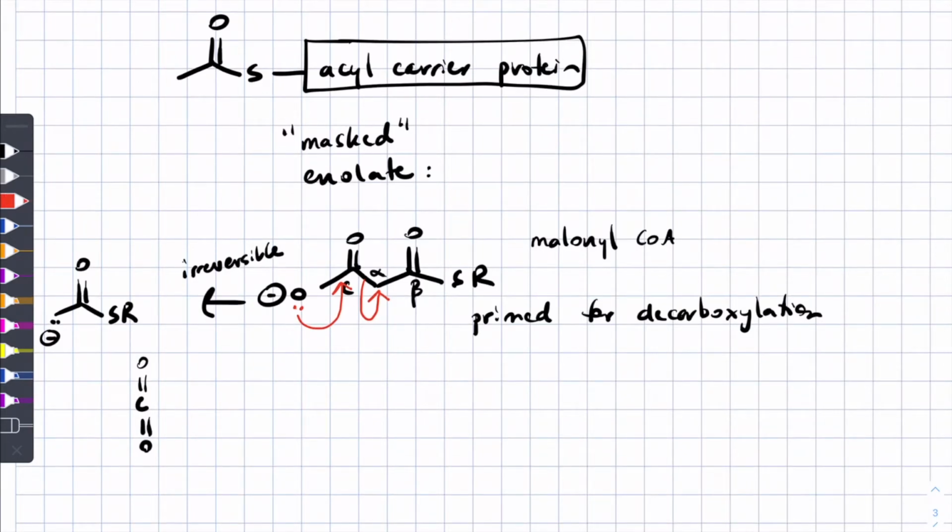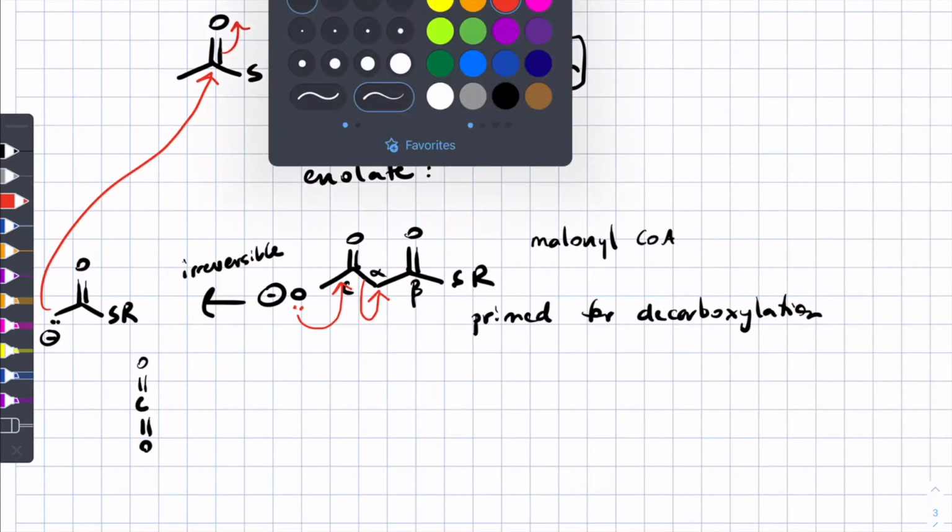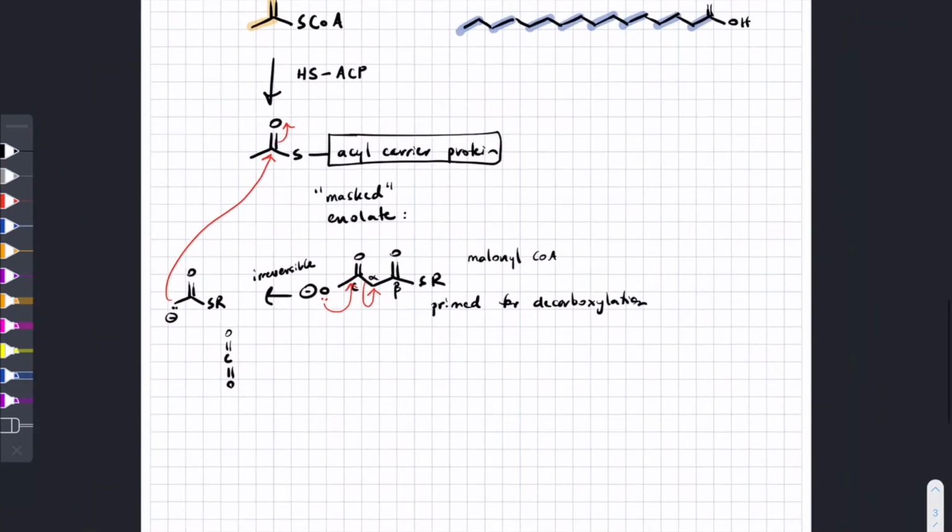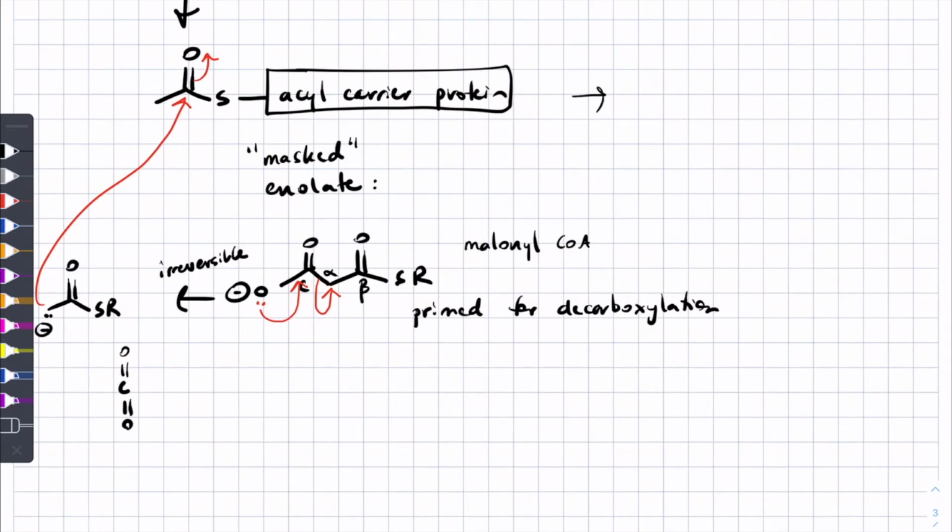So then the enolate that we form in the enzyme active site will attack the thioester. Okay, and attack of that thioester will give you the following intermediate: negatively charged oxygen, methyl group, and then the acyl carrier protein, which is actually going to get kicked off.